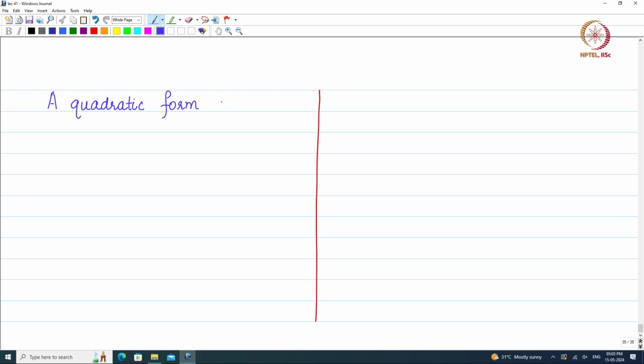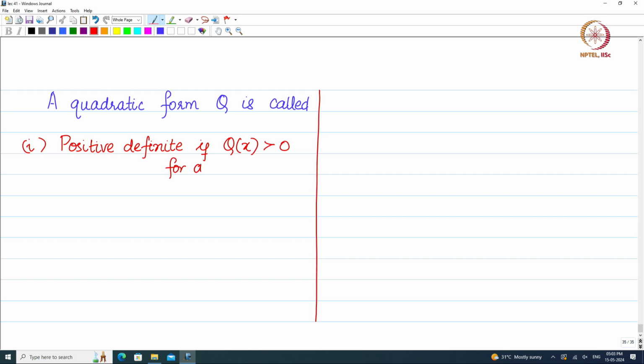A quadratic form Q is called one, positive definite if Q of x is strictly greater than 0 for all x not equal to 0.